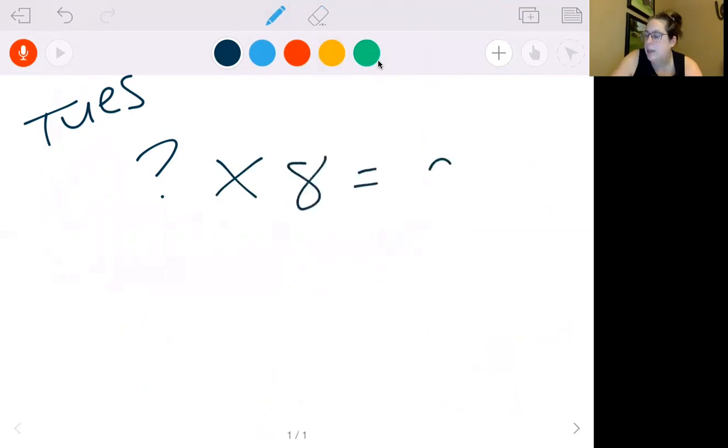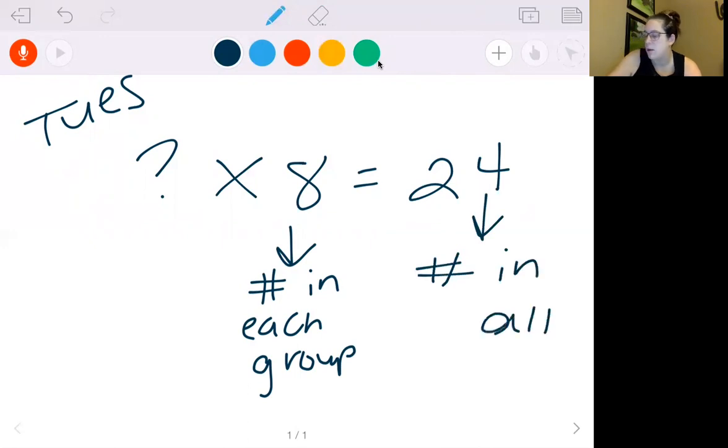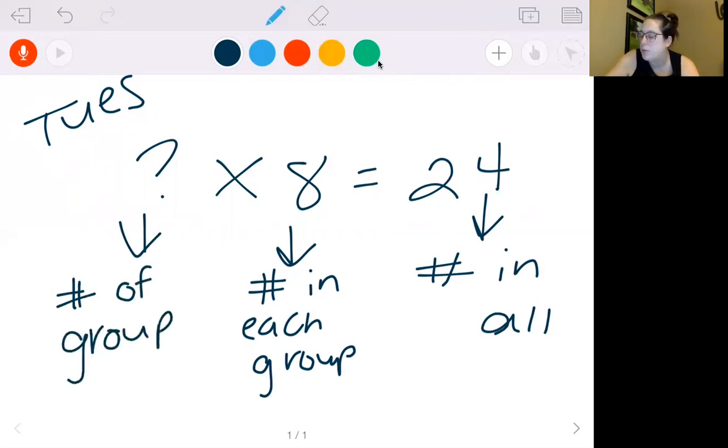Times 8 equals 24. 8 is the number in each group, just like we just did. 24 is the number in all. And our question mark, what we're trying to figure out, is the number of groups. So what they want you to know is that you can work backwards to figure out division by doing multiplication. This is why I told you to know your multiplication facts.